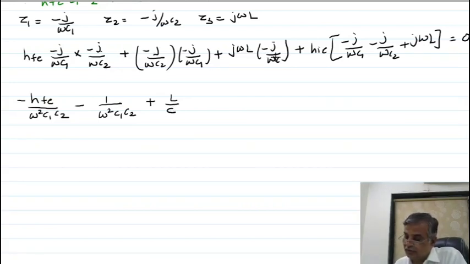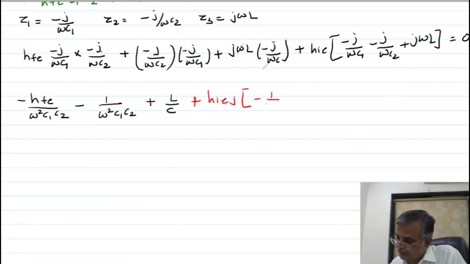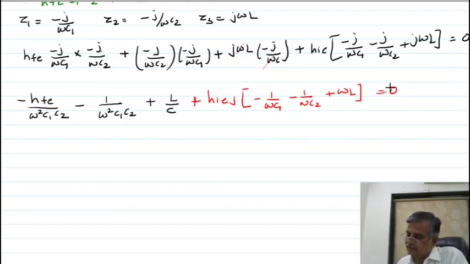J into j squared is minus, plus hie. I'll take the j common. It is minus 1 upon omega C1 minus 1 upon omega C2 plus omega L should be 0.